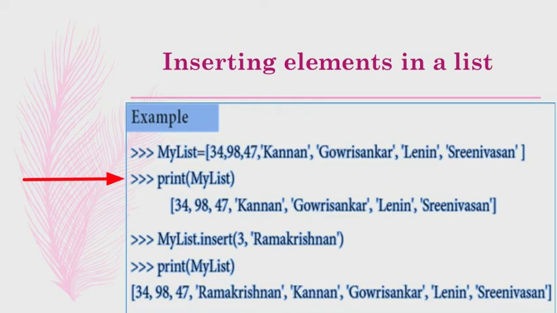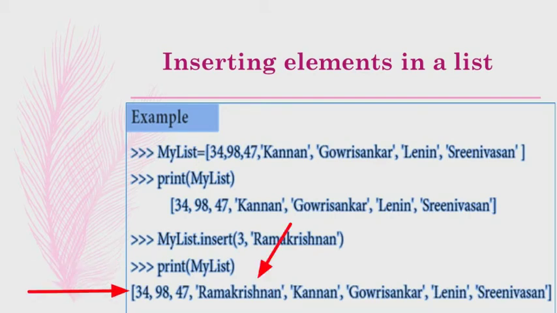Print my list and it will be printed on the output screen. If you want to insert a new name Ramakrishnan at index position 3, write my_list.insert(3, Ramakrishnan). Now print my list. The list will be printed on the output screen with the name Ramakrishnan.